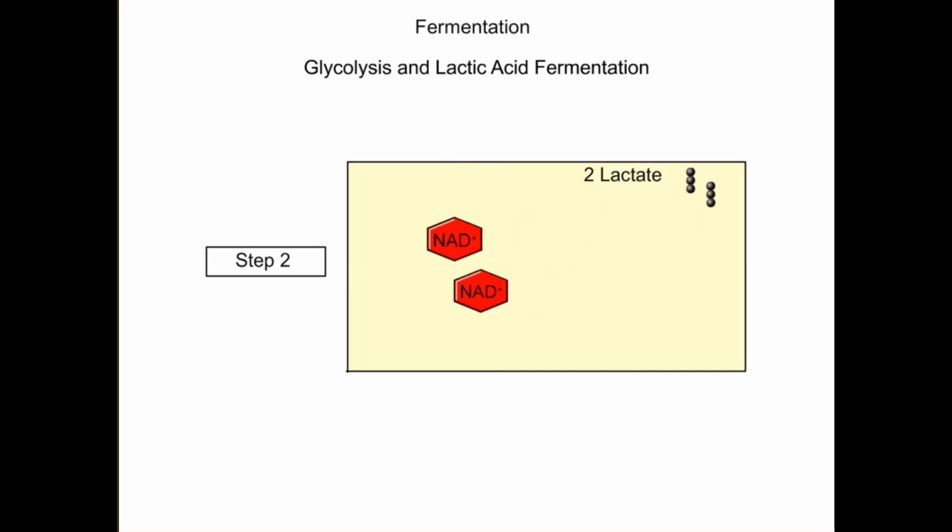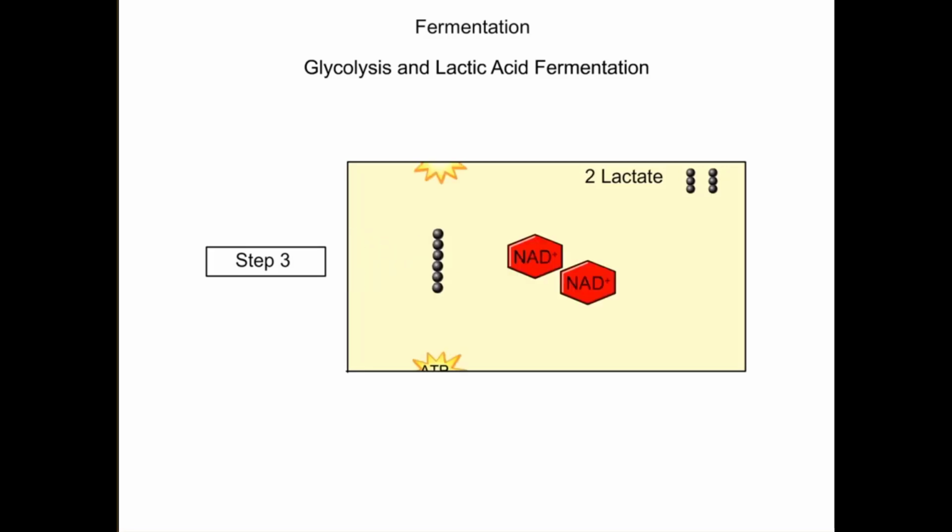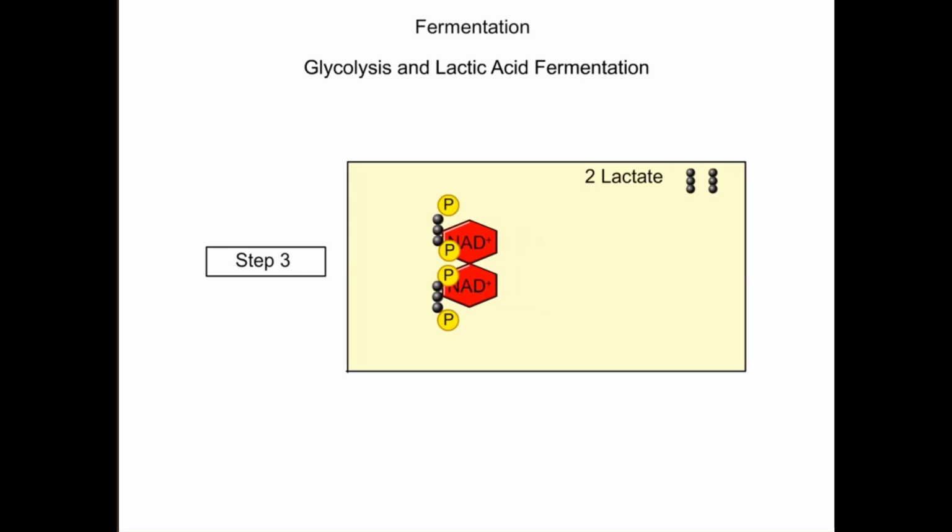In lactic acid fermentation, the pyruvate, pyruvic acid from glycolysis, is reduced to lactate, lactic acid, by NADH. With the formation of lactate, lactic acid, NADH is oxidized and becomes NAD+. With a continuous supply of NAD+, glycolysis can continue producing more ATP.